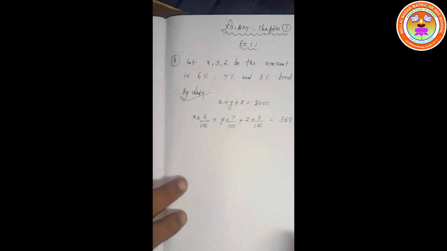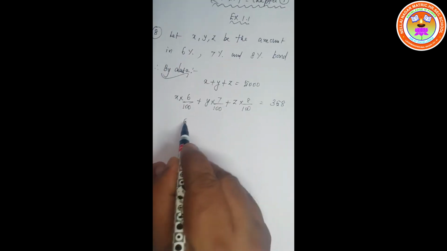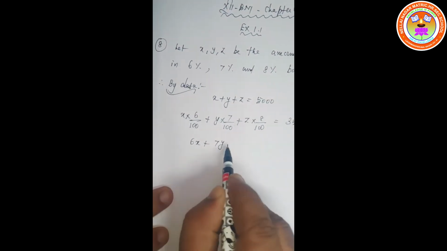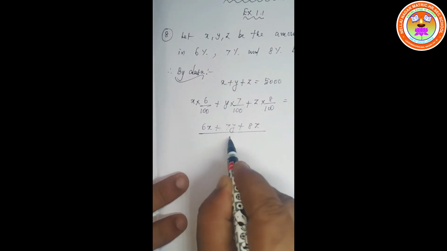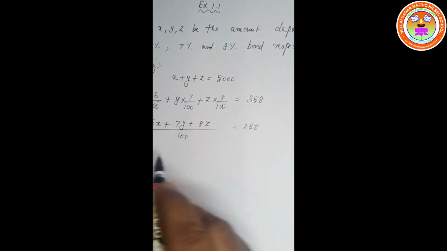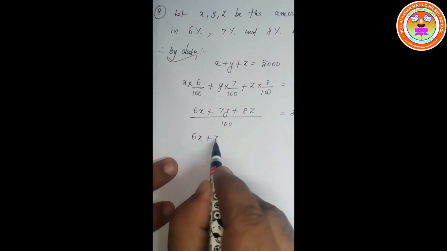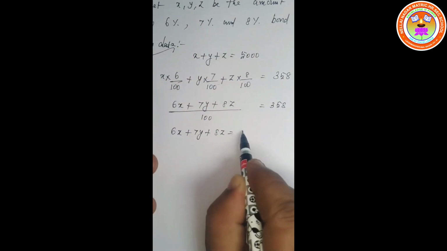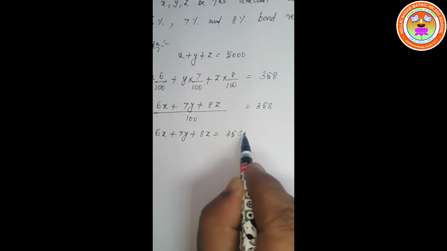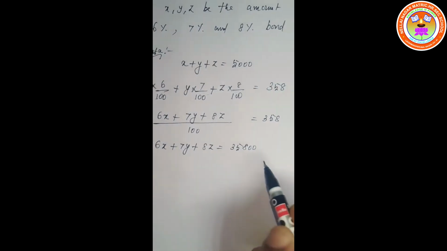We have to simplify. 6x plus 7y plus 8z, common denominator is 100, is equal to 358. So 6x plus 7y plus 8z is equal to, if we cross multiply, you will be getting 35,800. That's the second equation.